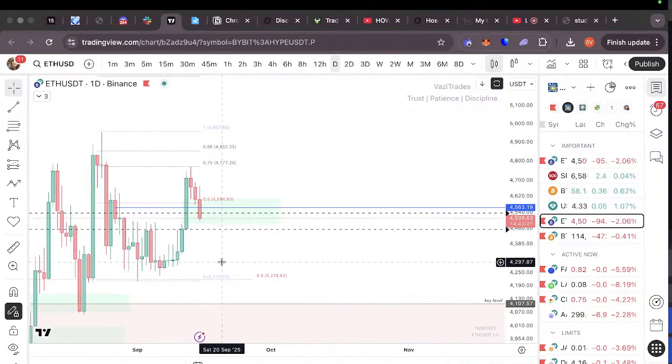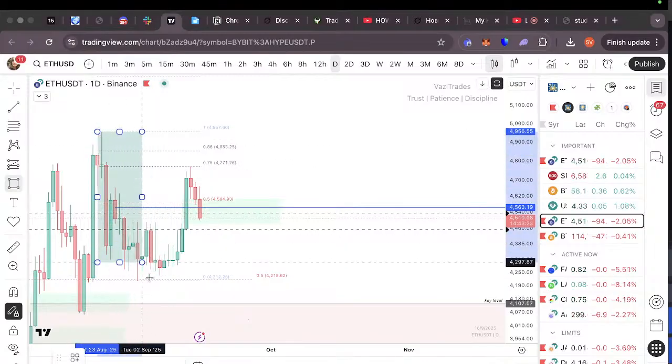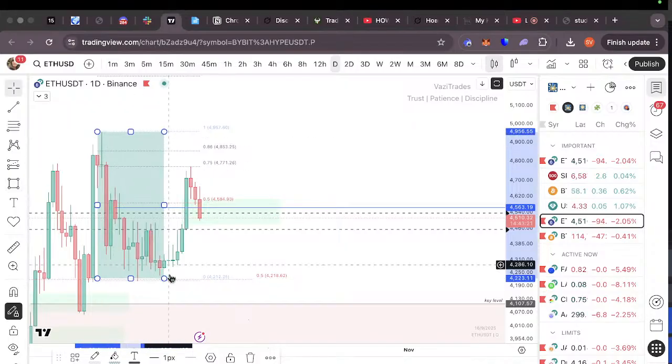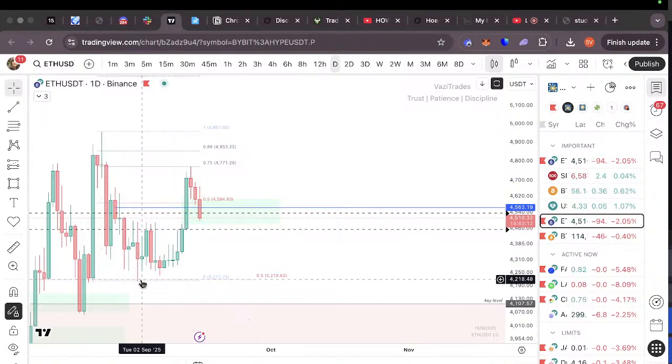So Ethereum had this whole bearish move, right? I put the top where the price topped, and then I found the bottom where the price bottomed. So it was around 4,212.